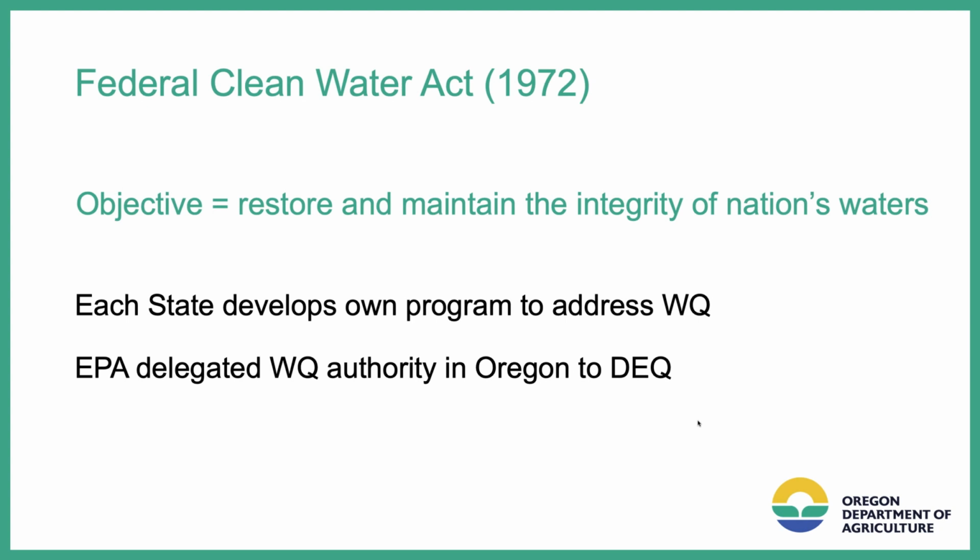So there's 50 different programs across the country. And in some of those states, EPA actually deals with the water quality issues within that state. Although in most states, EPA has delegated the authority to some agency or entity in that state. And in Oregon, that authority has gone to DEQ.